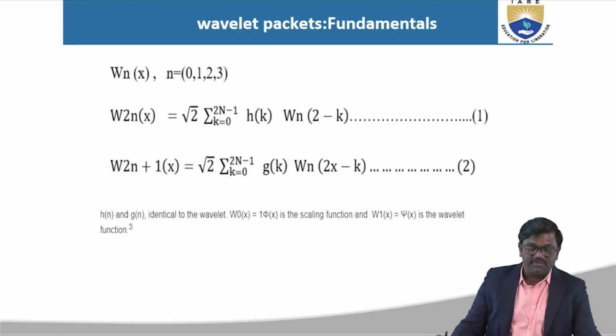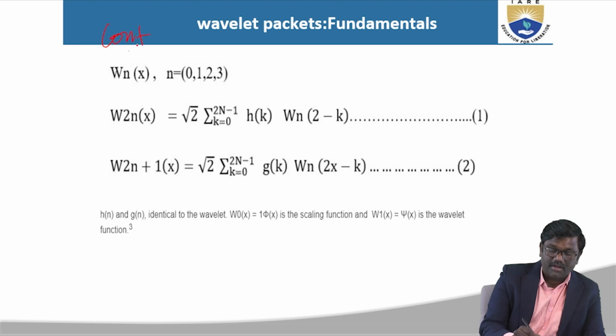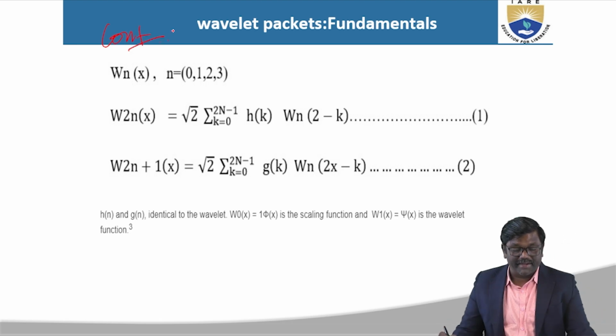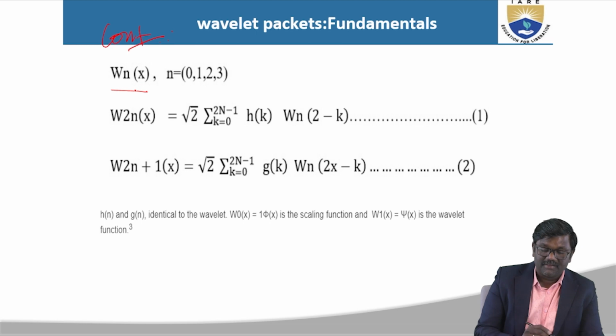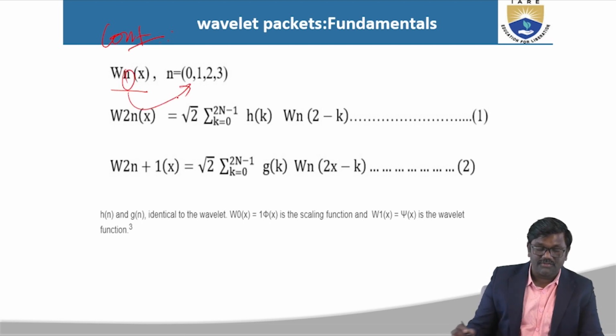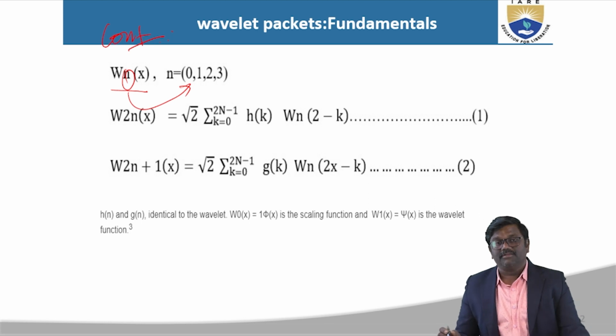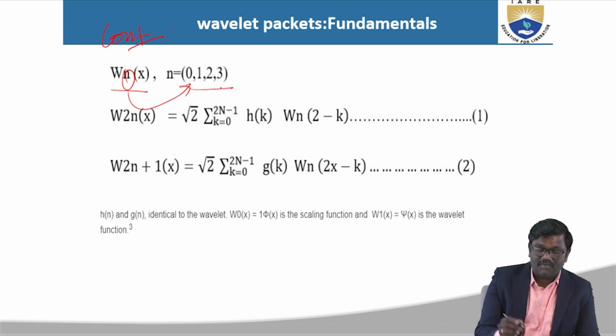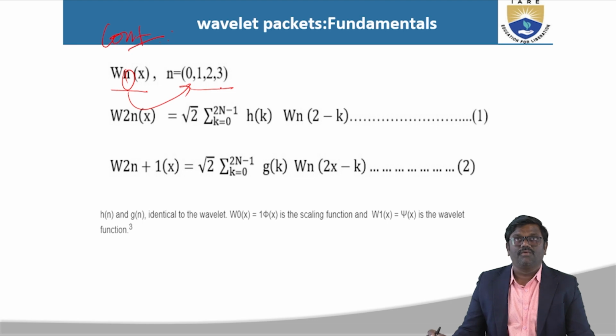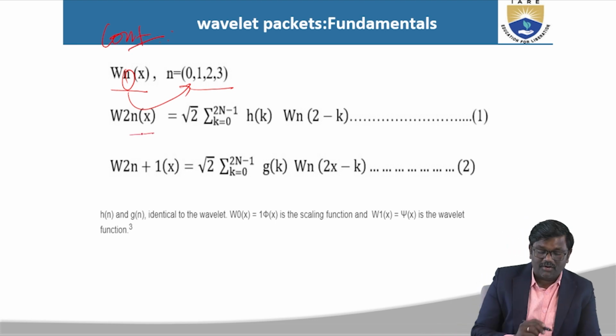So, an image which we are keeping here, in continuation of understanding packets, Wn of x is the wavelet packet, in which n varies from 0 to N. That is, we consider here values 0, 1, 2, 3, 4, and those values are going to be repeated.